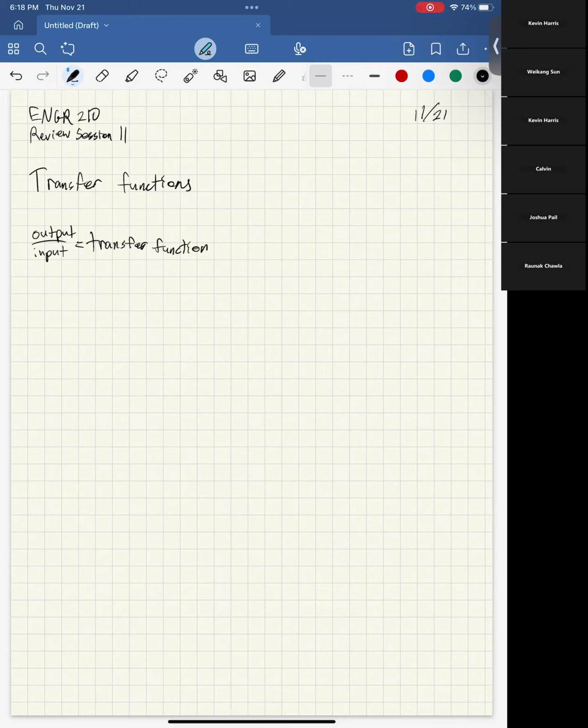In circuits, we say that usually the output voltage over the input voltage is equal to H of omega. So these would be complex, where omega is the frequency.